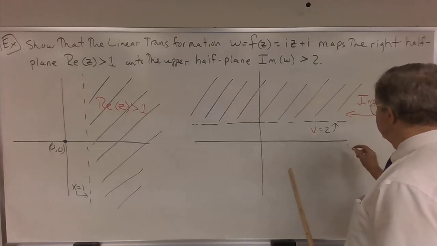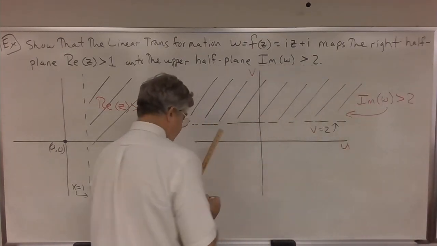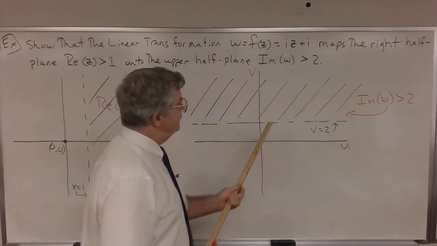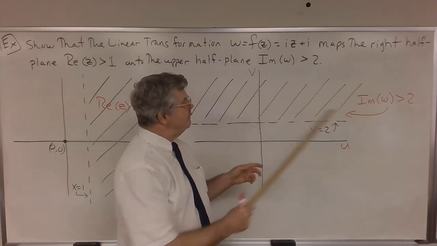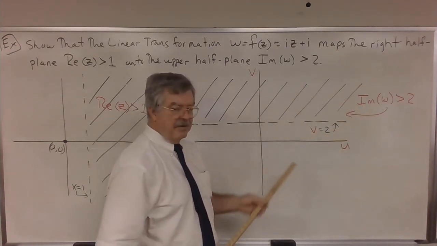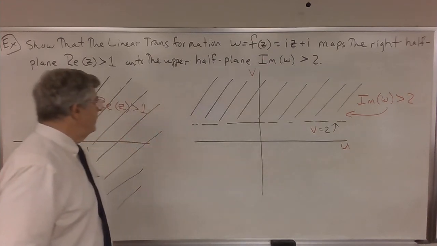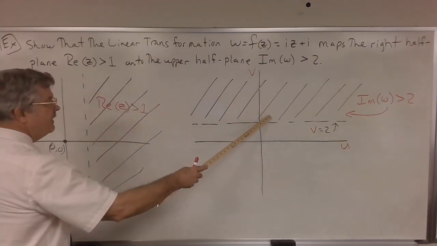We'll call this the u-axis, this the v-axis. This consists of all complex numbers whose imaginary part, v, is greater than 2. We want to show that our transformation maps this region onto that region.